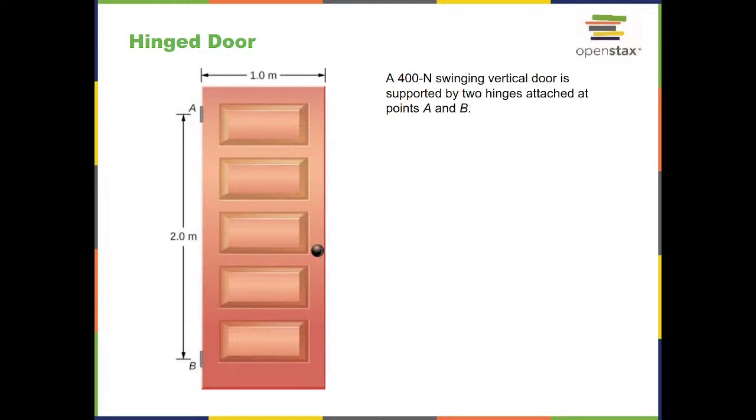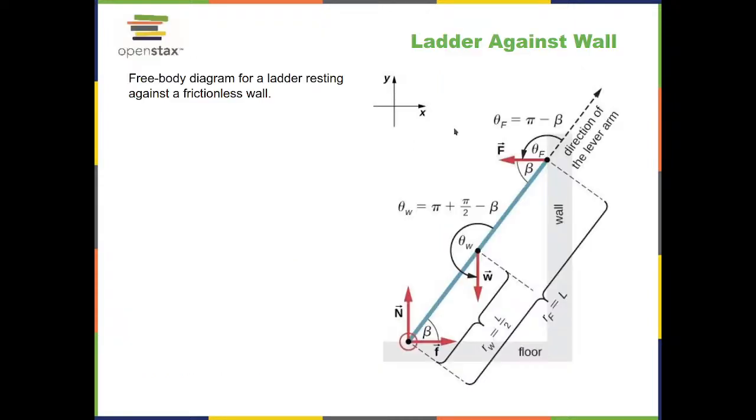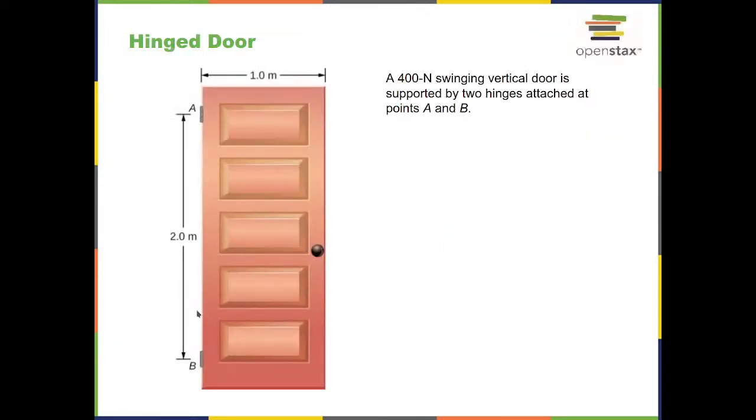But if the door is just hanging from the hinges, there's going to be a force here, a force here. In this case, contrary to the ladder leaning against the wall, now there will be a vertical component of the force that can be along the direction of this point of contact, right?